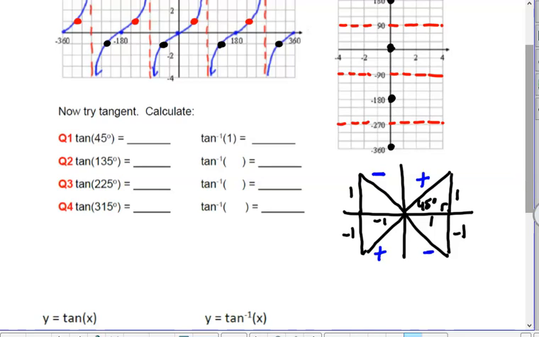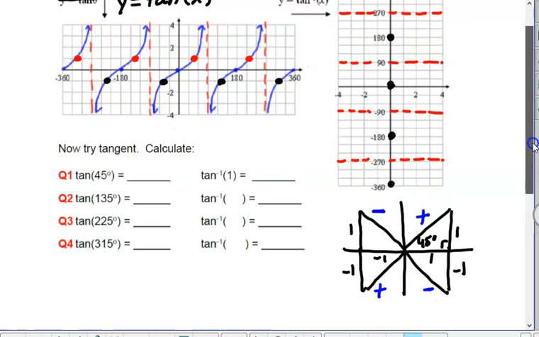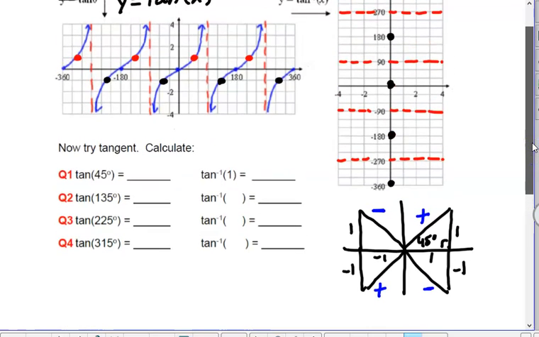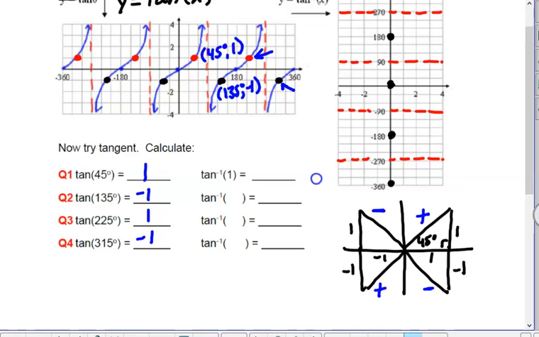So I put those 45-degree angles with the 45-degree reference angles down here in this list, and I have 45, positive 1, and that would correspond to this point right here, 45, 1. 135, negative 1, that would be this point down here. 225, positive 1, that would be this point here, and 315, negative 1, that would be this point here.